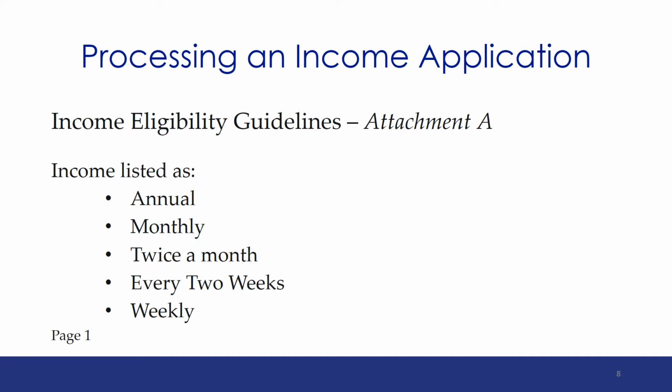Attachment A is not to be distributed to the households. The income chart for households appears on the second page of the meal application and are the reduced price guidelines. Households may qualify for free or reduced price meals if their income falls at or below the levels listed on the chart.